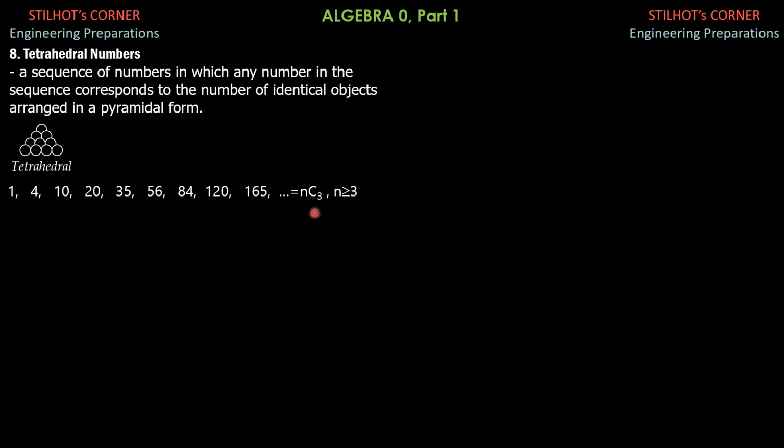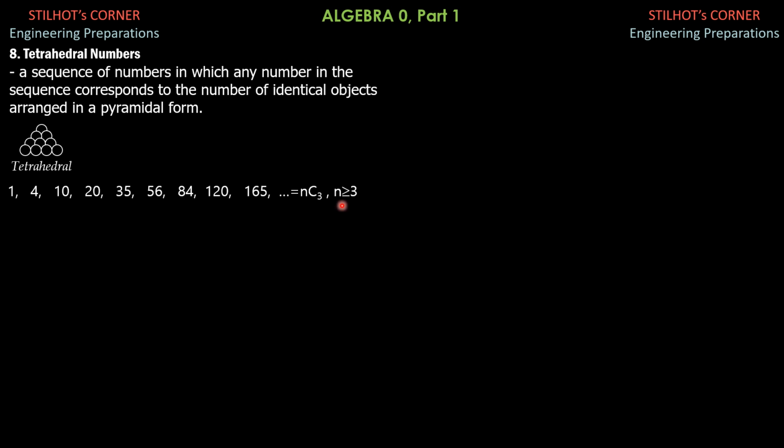By the way, it can be described by the formula: number of combinations of n things taken 3 at a time. So it begins with 3 only. N should be greater than or equal to 3. The numbers before n is 3 couldn't be described by this formula, only for n greater than or equal to 3.